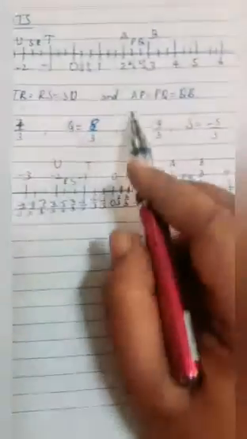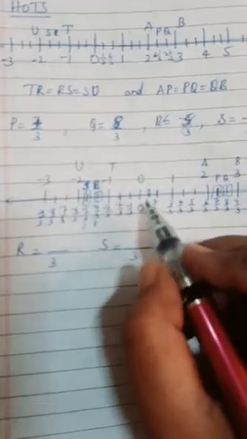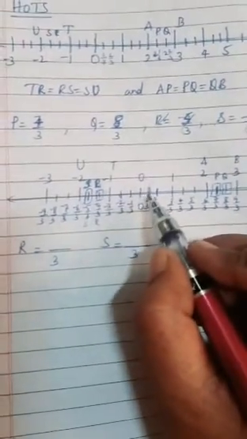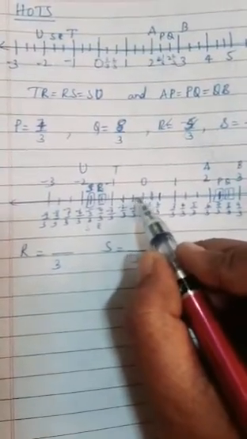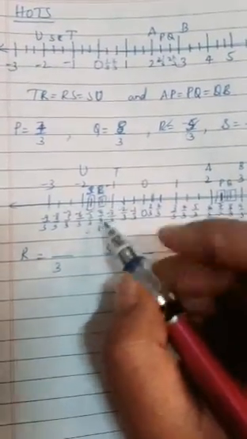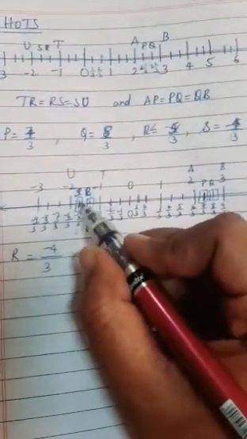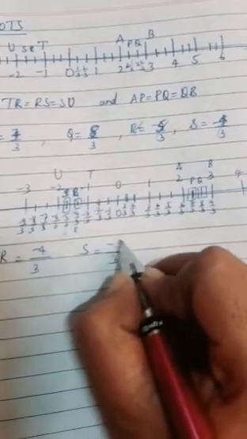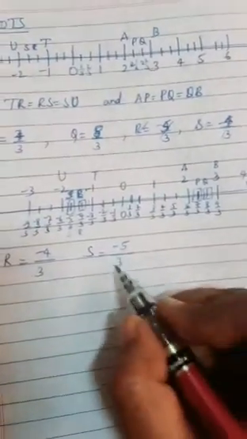Then next is point R, which comes to the left of 0, and after how many divisions, children? 1, 2, 3, 4. That means minus 4 by 3 is point R, and S will be the 5th division. So point S will be indicated by the rational number minus 5 by 3.